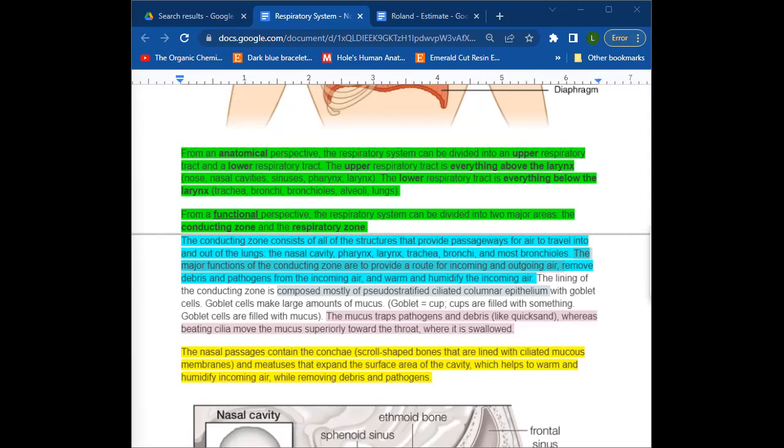The way that the conduction zone is able to warm, moisten, and humidify is through the pseudostratified ciliated columnar epithelia.